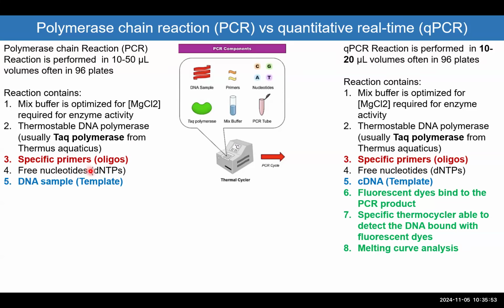You will need to add the dNTPs so that when the Taq polymerase reads what is on the template DNA, then we will have the recruitment of the dNTPs. And then, of course, we need the DNA that we need to amplify.